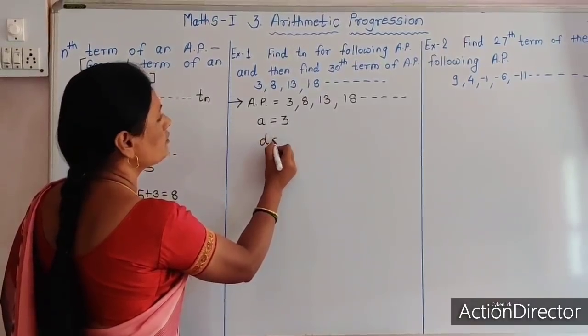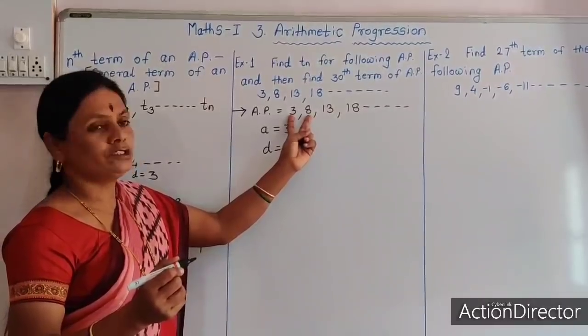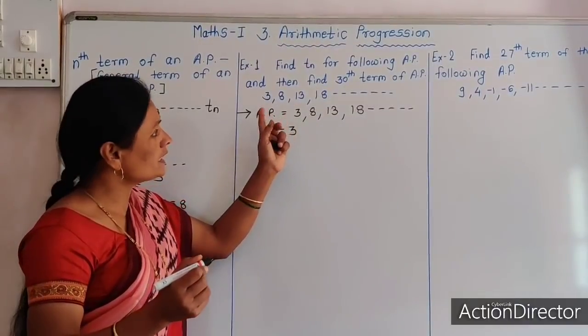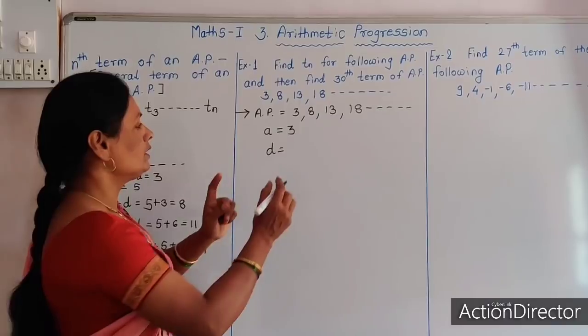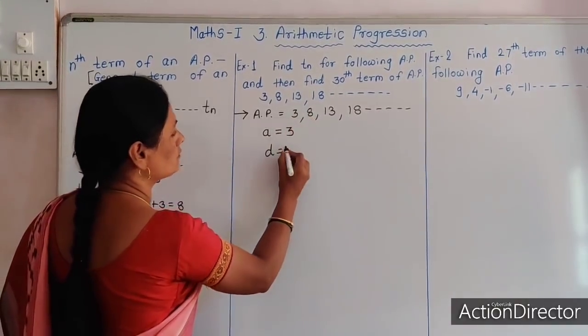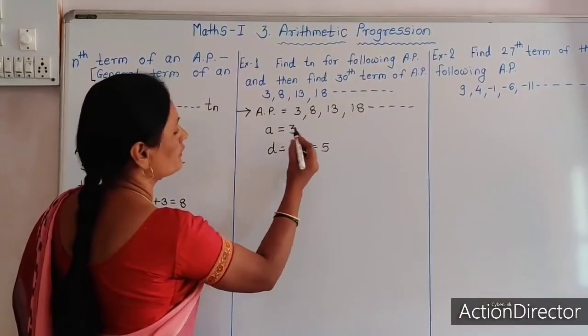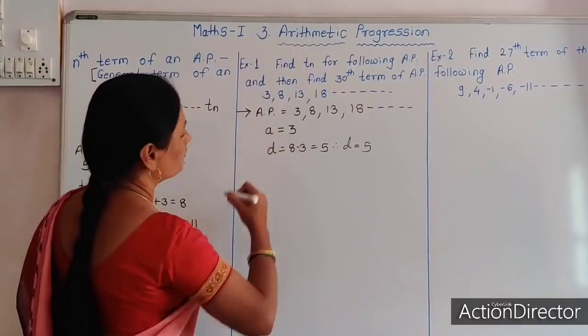D is the common difference. We can calculate it from any two consecutive terms. This is an AP, therefore the common difference is the same. The difference between these two terms, 8 minus 3, is equal to 5. It means that D is equal to 5.